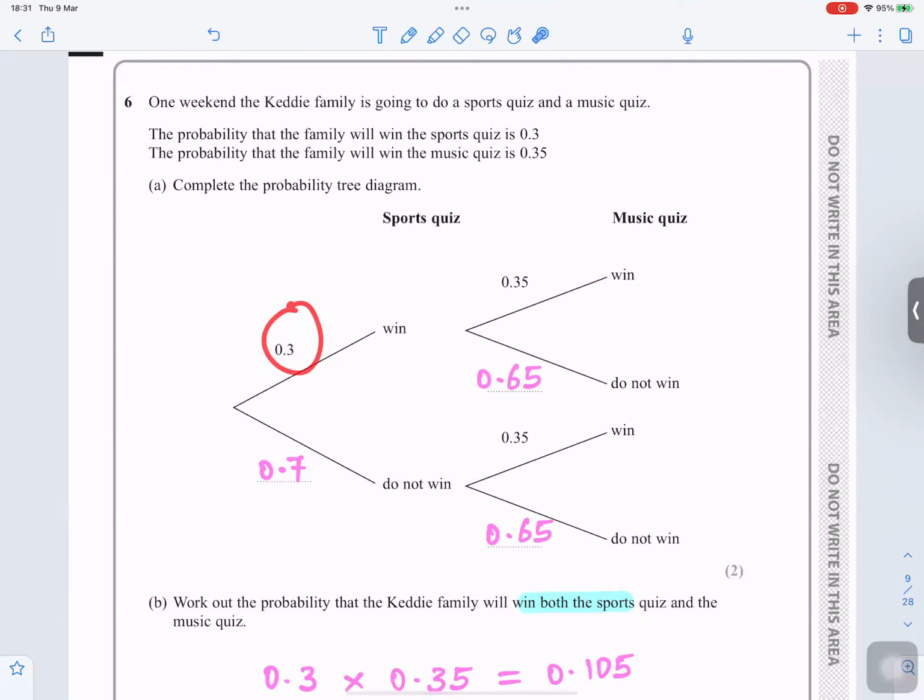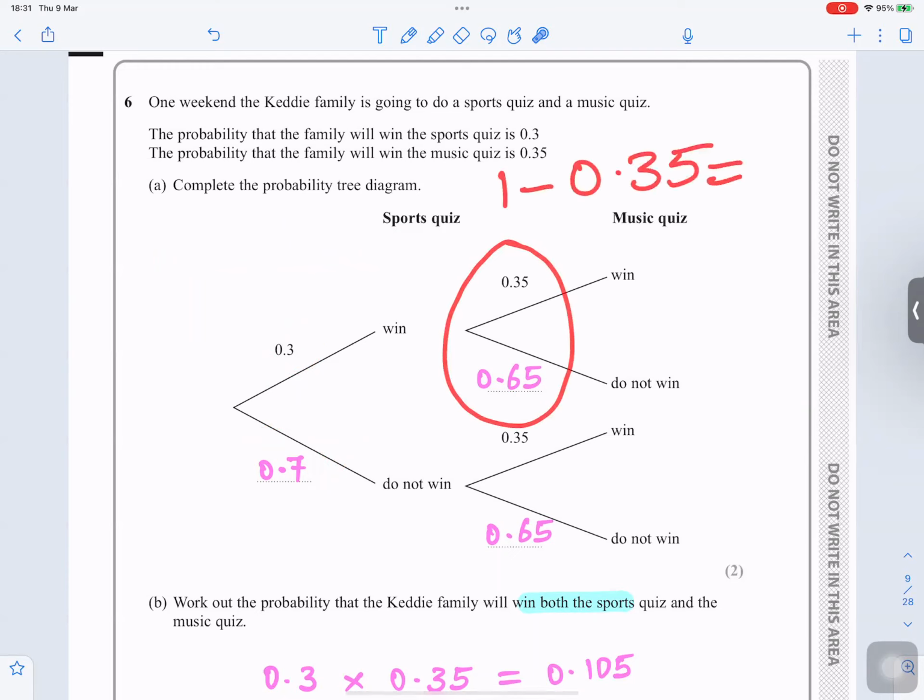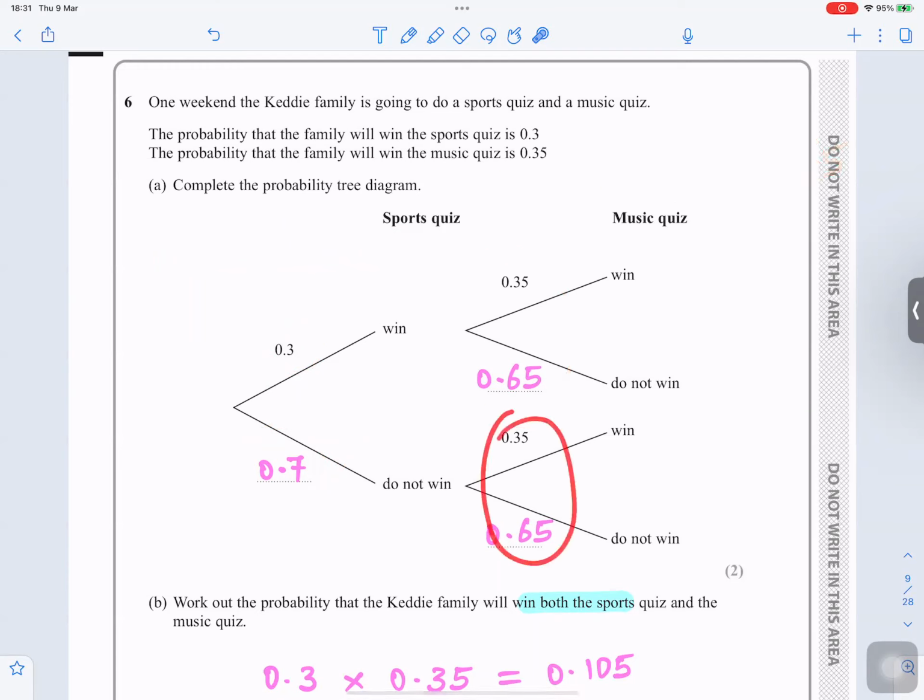So 0.3 plus a number will give you 1. So 1 minus 0.3 it gives you 0.7. That's how we got 0.7 there. 0.35 will add up with 0.65 to give 1. So 1 minus 0.35 gives you the 0.65. And the same for the other branch.